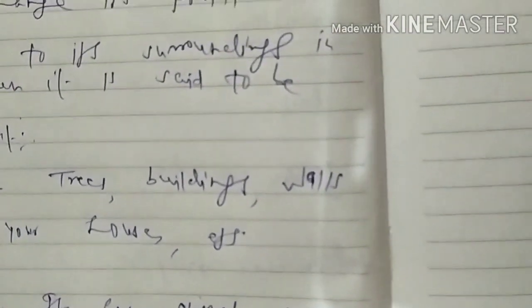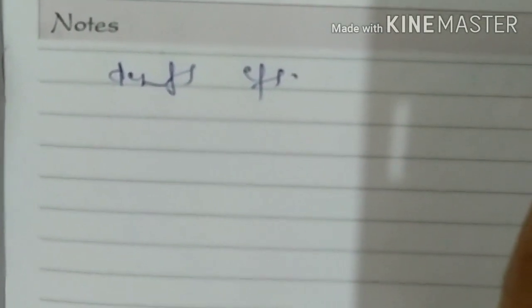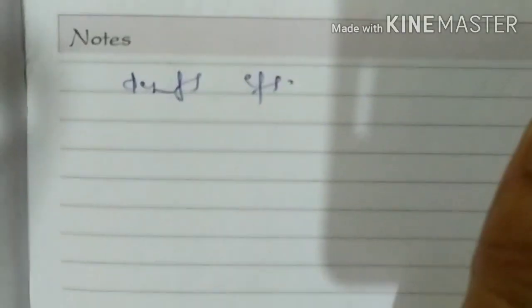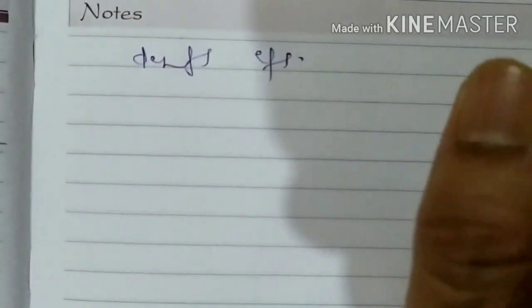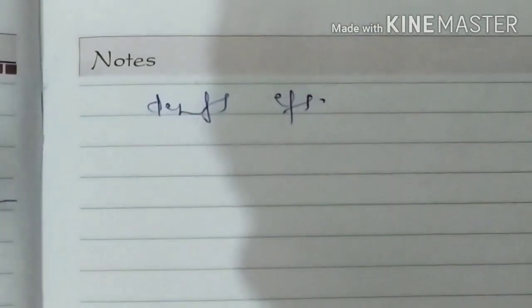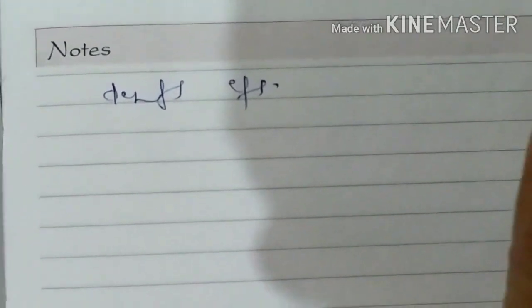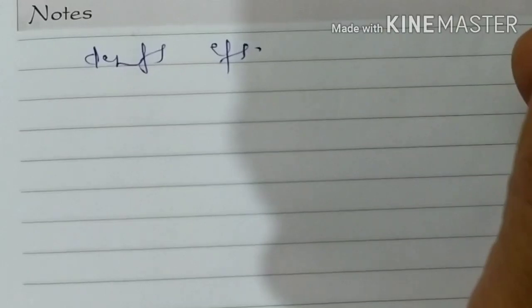So always try to correlate science with your day-to-day life, and always try to give examples with your own ability. Examples should not be just remembered from your textbook. With the concept of these things, you can write so many different examples of rest and motion.